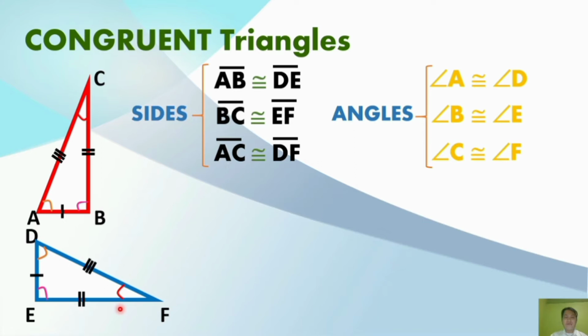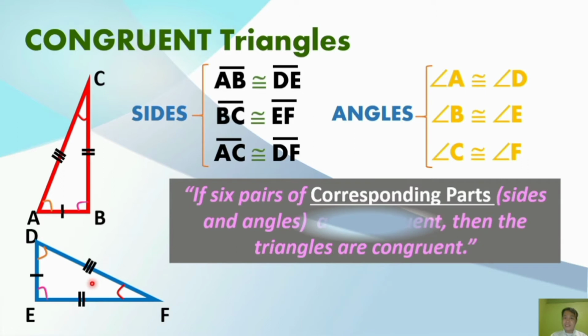So we have here 6 statements saying that there are 6 pairs of corresponding parts of the two triangles that are marked congruent. If 6 pairs of corresponding parts that include sides and angles are congruent, then the triangles are also congruent.